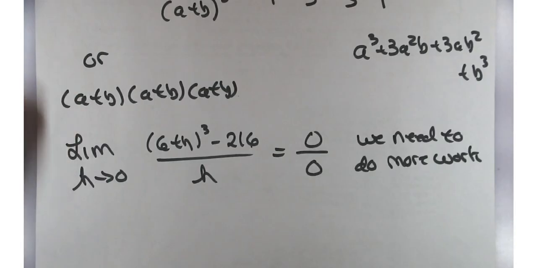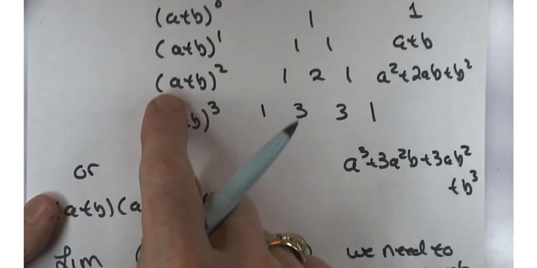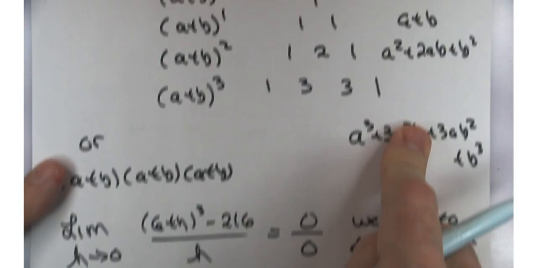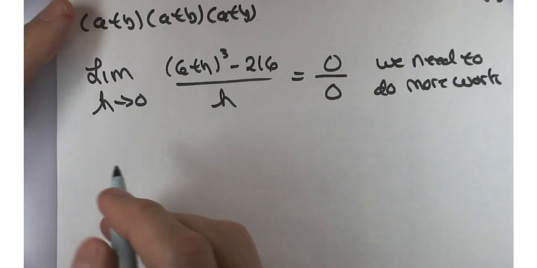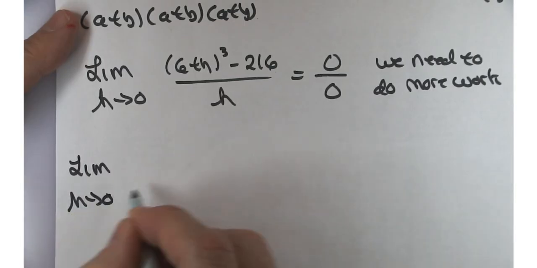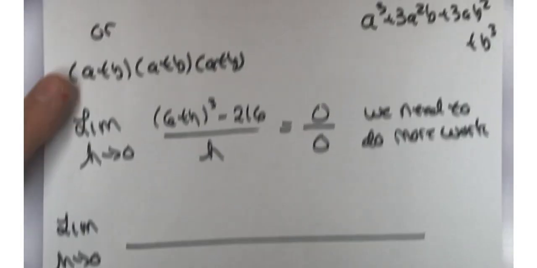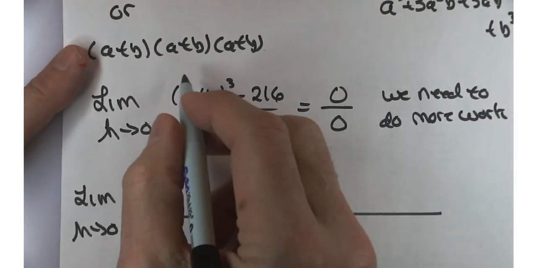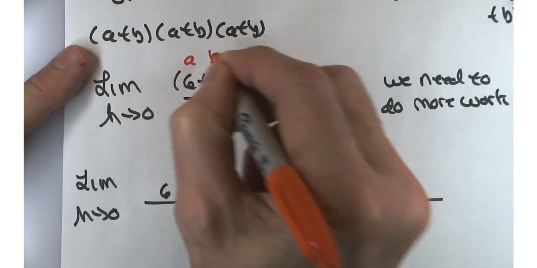All right. Well, what can we do? Just like our other problem, I gave you this just in time. We're going to expand this using this idea. So it's going to be the limit as h approaches 0. Let me give myself some room here. I want a cubed, so this is going to be my a. That's my b.